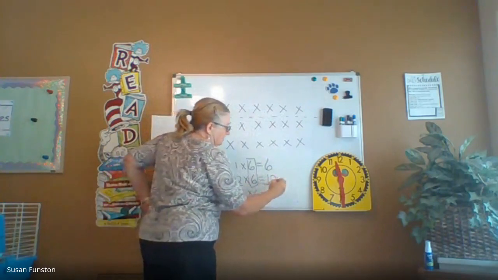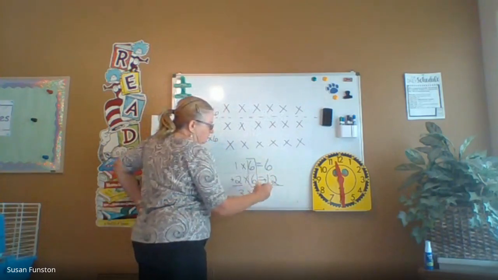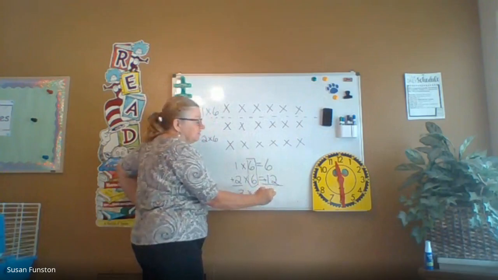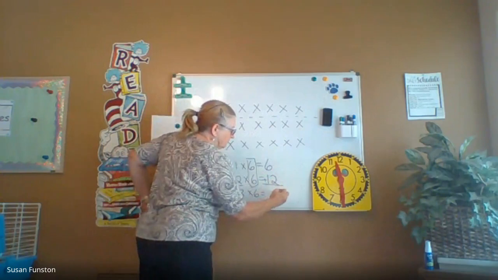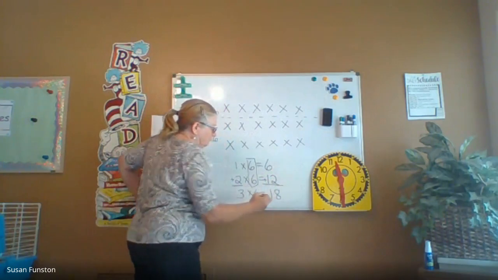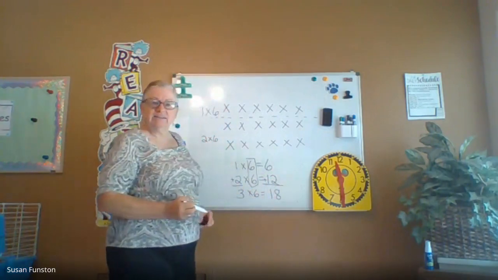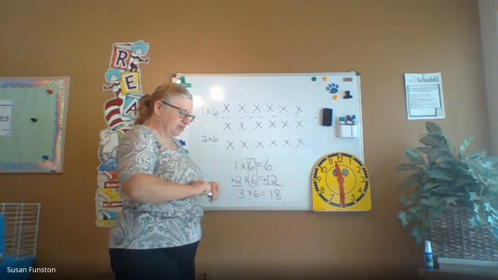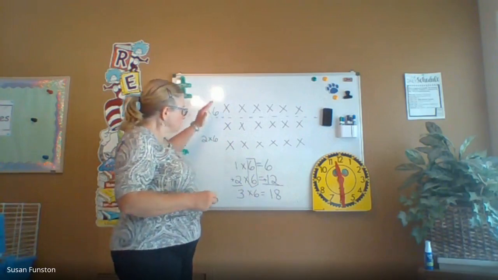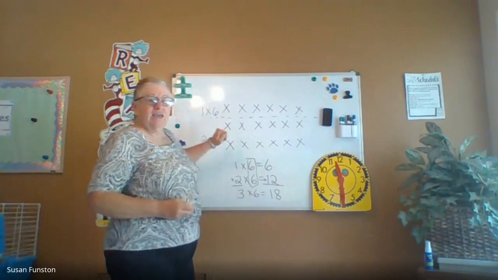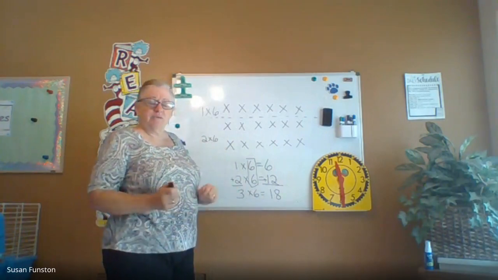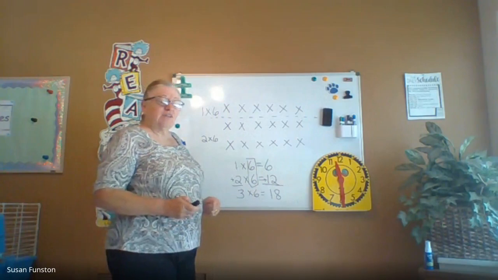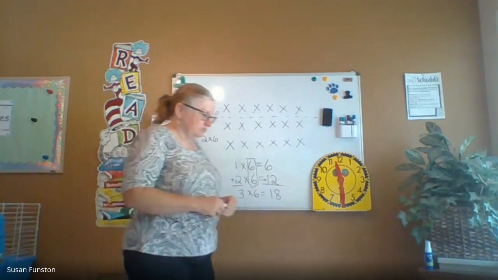And I can add these 2 together to find out the product or the answer to this multiplication sentence. 6, 7, 8. Bring down 1, and we get 18, just like we did in our application problem. Make sense? So I can use an array, and I can use smaller numbers that are easier for me to work with in my head so that I can figure out the answer to a bigger problem.